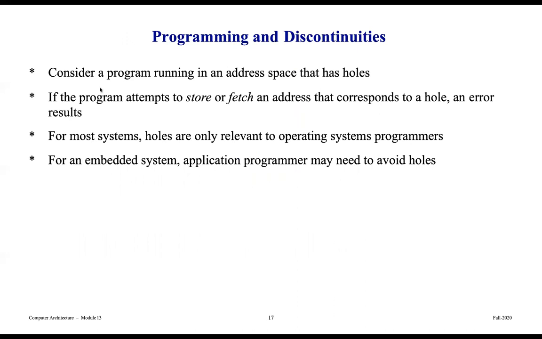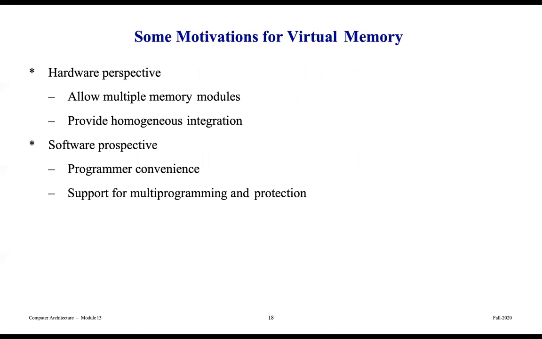We want to consider a program running in an address space that has holes. If the program attempts to store or fetch an address that corresponds to a hole, an error results. For most systems, holes are only relevant to operating systems programmers. For an embedded system, the application programmer may need to avoid holes.